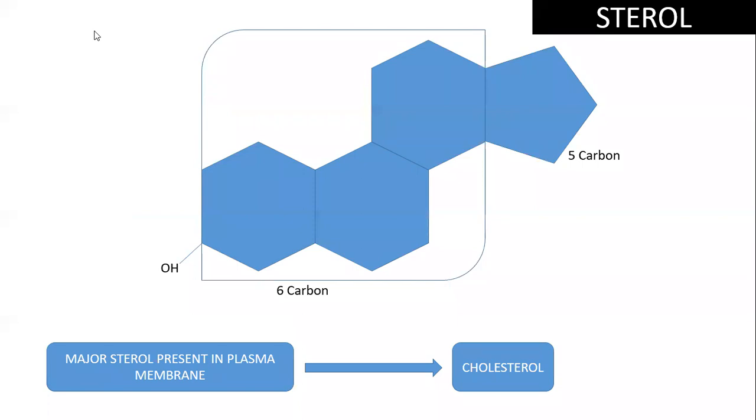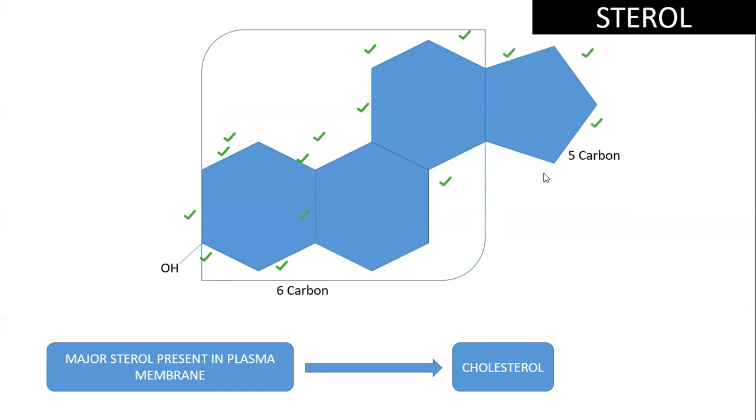Next comes the sterol. What is sterol? Sterol is a four-ringed compound with the rings fused together. Of these four rings, three are composed of six carbon compounds, and the remaining ring consists of five carbon compounds.